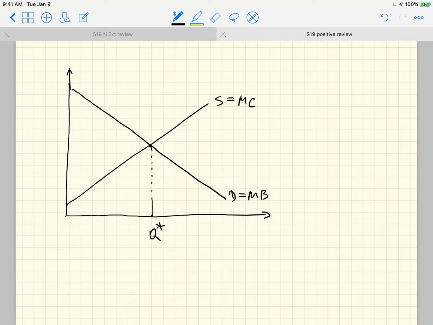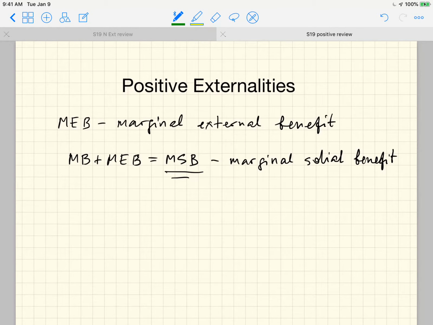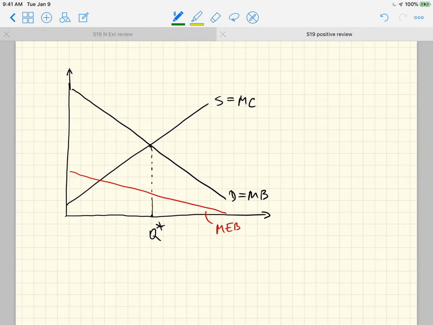But we know that in this case there is something else, and this something else is what we know as a marginal external benefit. So I'm drawing it as a separate curve here. But then we need to add it on top of marginal private benefit to end up with what we know as marginal social benefit.